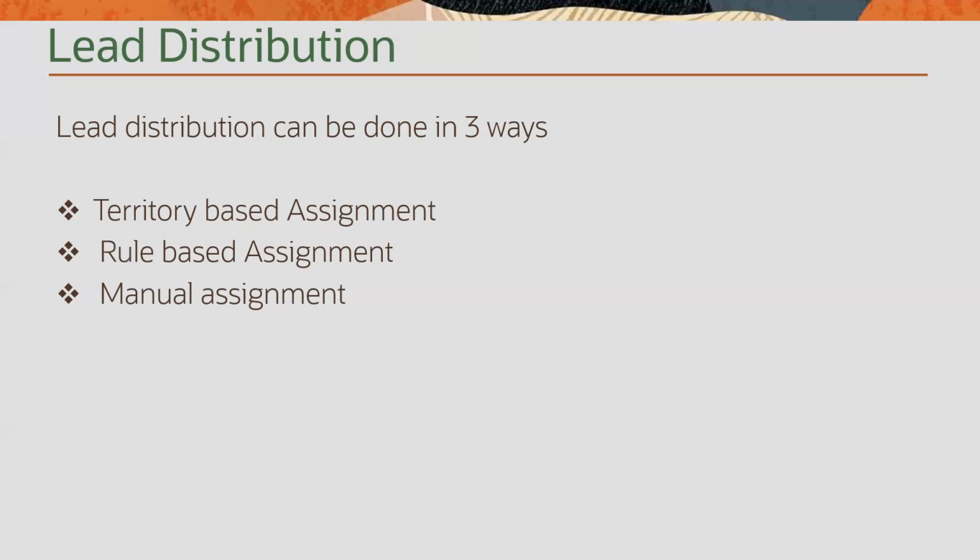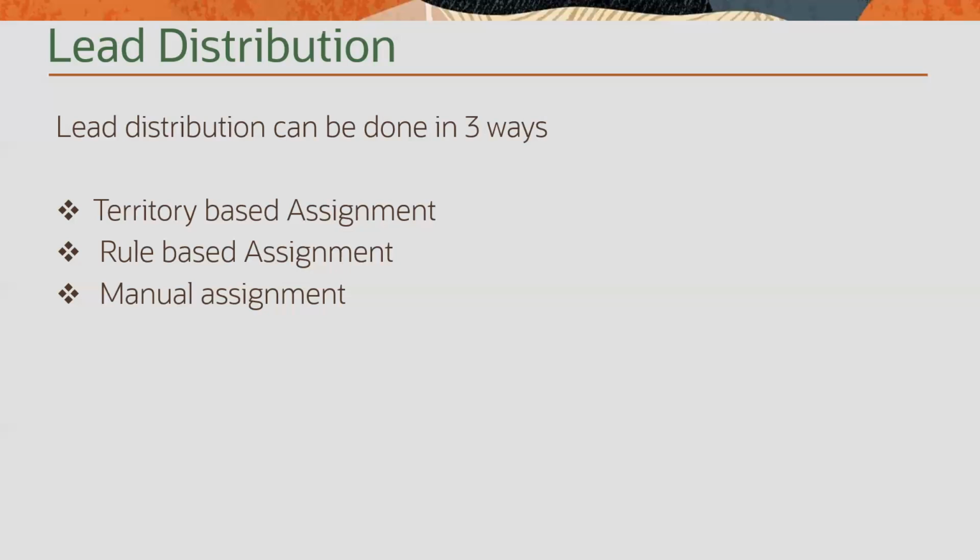And we also have rule based assignment. Rule based assignment is something like we give a rule. For example, if a lead is coming from some city, Bangalore, then we will group some team members, or pick any one team member, and this lead will be assigned to that particular person.